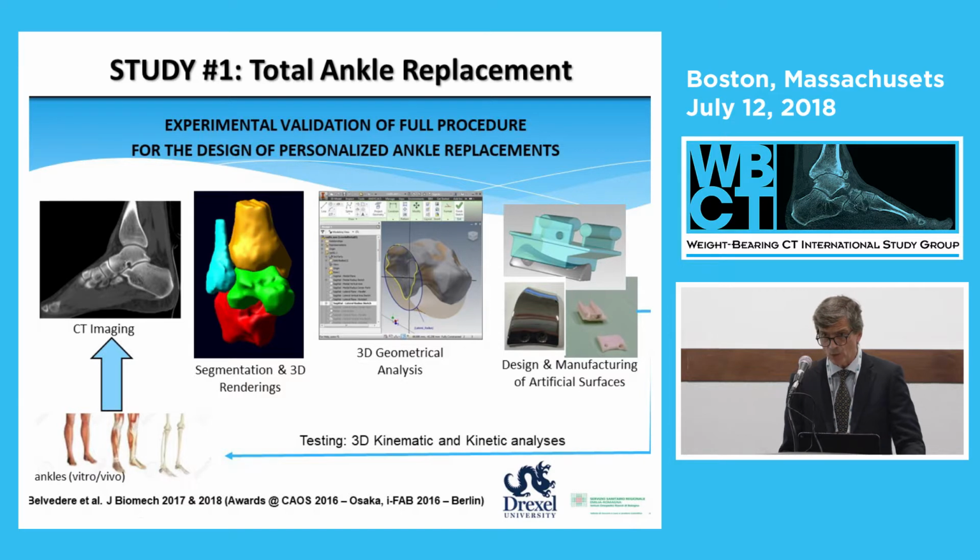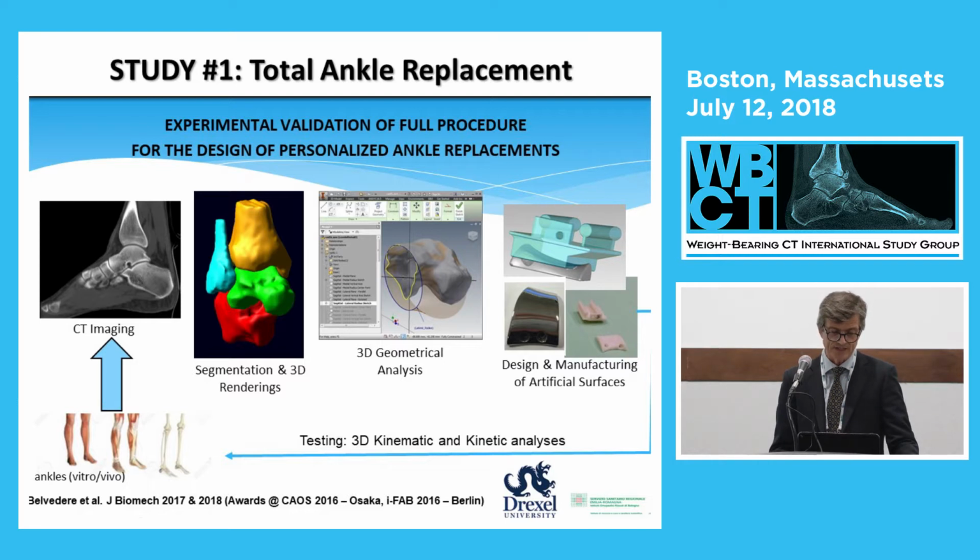So I'm going to very quickly, hopefully, go through a few studies that we have in progress in our institute. The first one is the possible customization of total ankle replacement. With our common friends at Drexel, we have done the exercise of looking at a number of ankles from specimens.